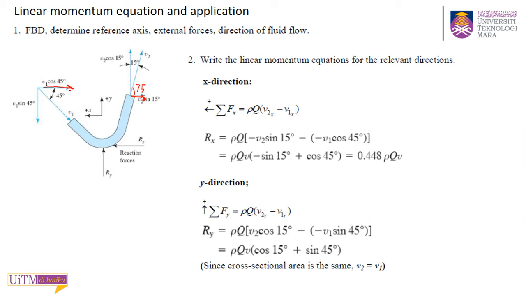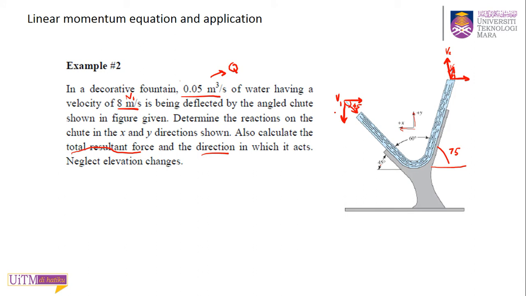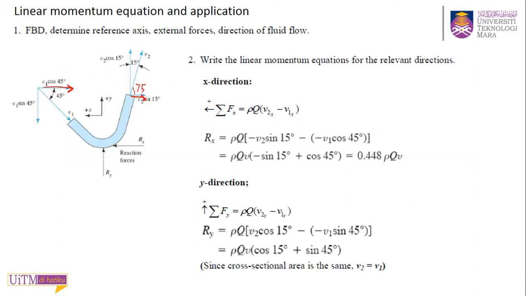Because again it moves in the opposite direction to your reference, it also has a negative. So rho Q, take out the V, since V2 and V1 are the same, because the pipe has the same diameter. Minus sin 15 plus cos 45, because minus and minus is plus. You will get this value of 0.448 rho times Q times V in X direction.